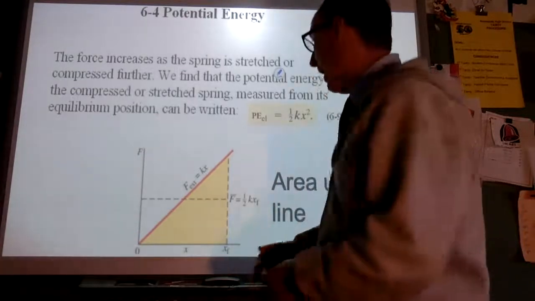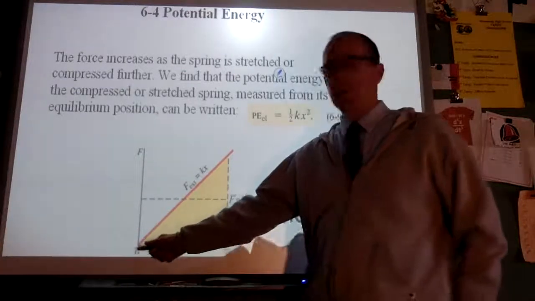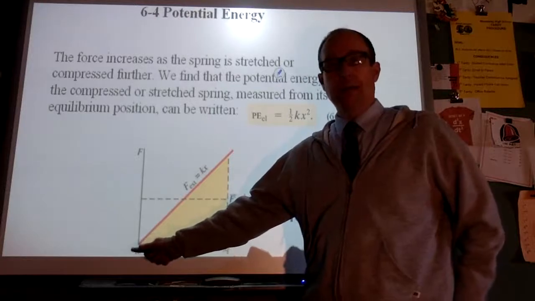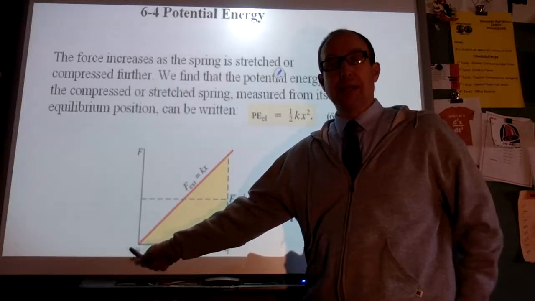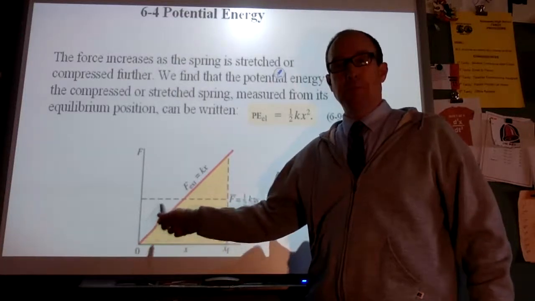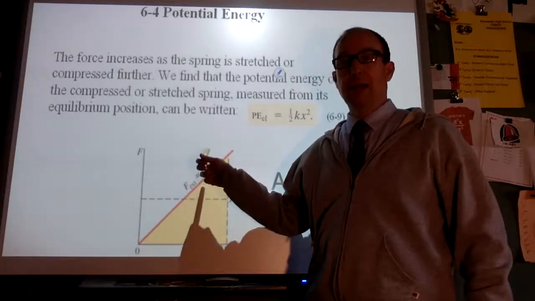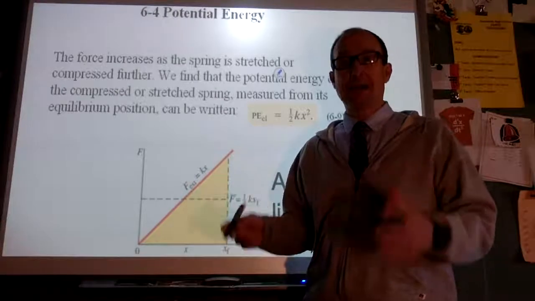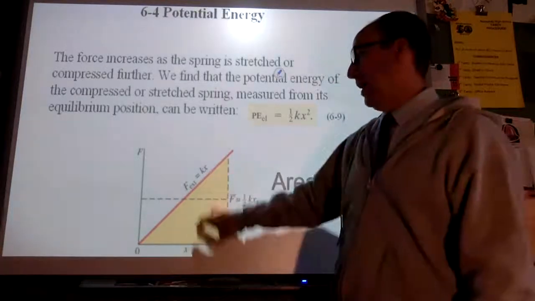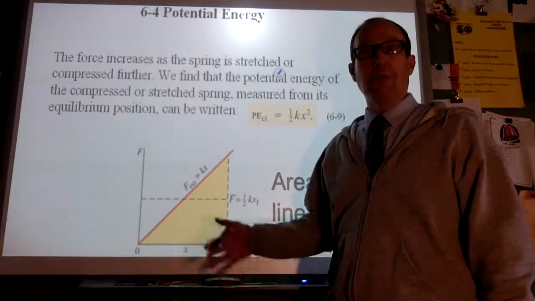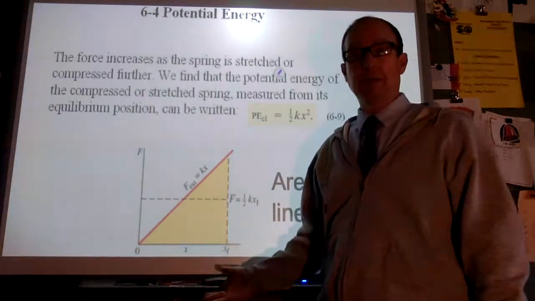And so if I look at this spring, when there's no weight on it, no applied force on it, it's not being stretched or compressed. As I put this force on, it causes it to stretch or compress. This is linear. That makes it an ideal spring. The area underneath should be the work or the energy.